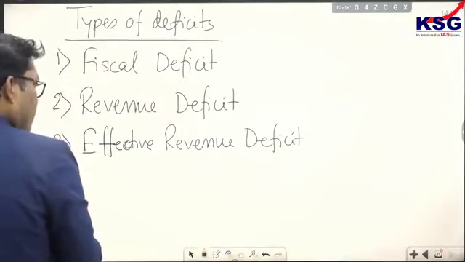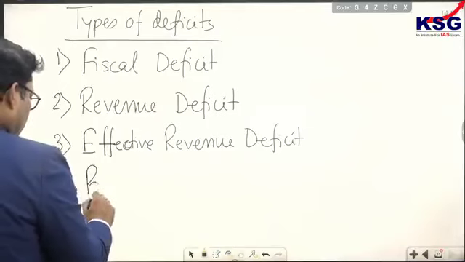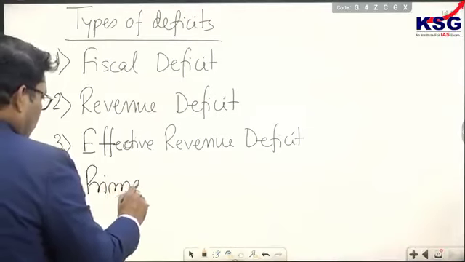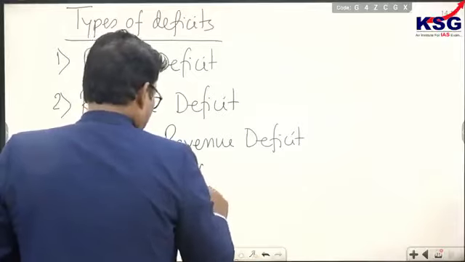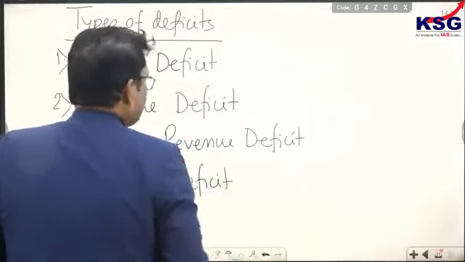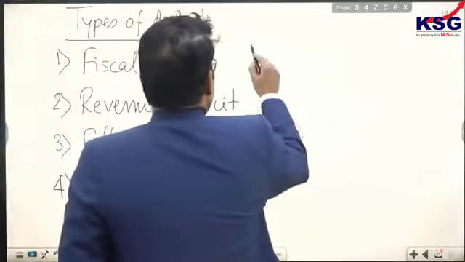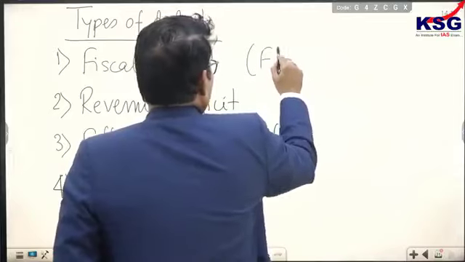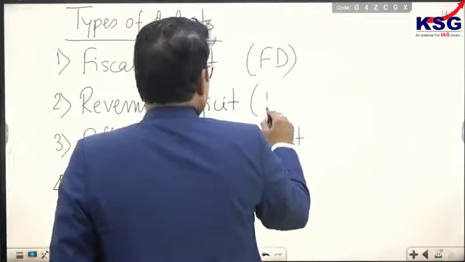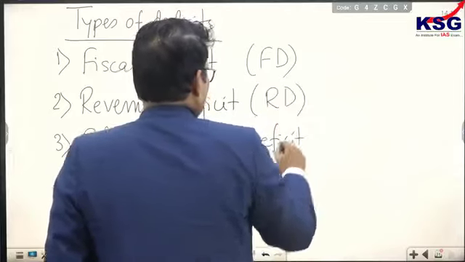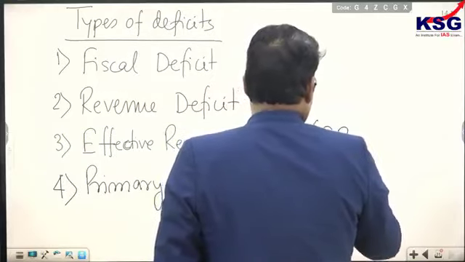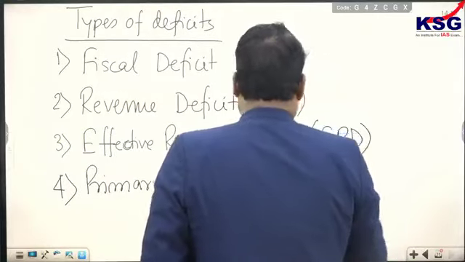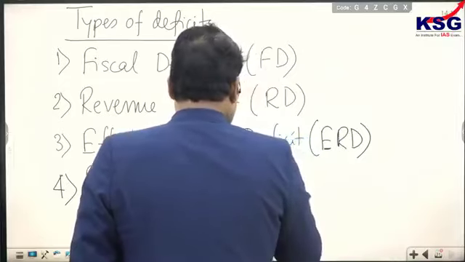Fourth, primary deficit. Fiscal deficit means FD. Revenue deficit means RD. Effective revenue deficit means ERD. Primary deficit means PD.